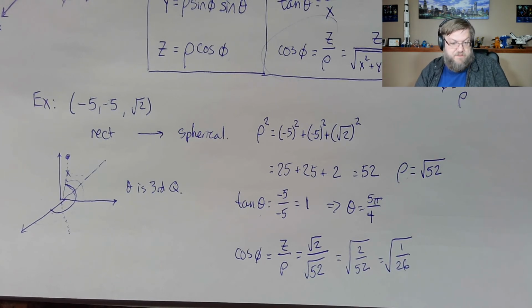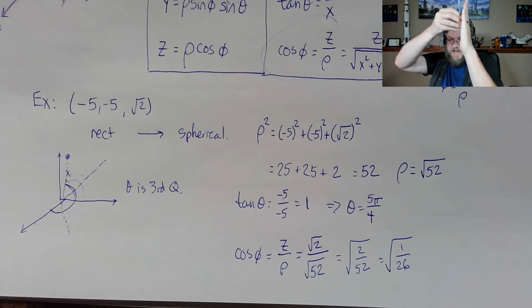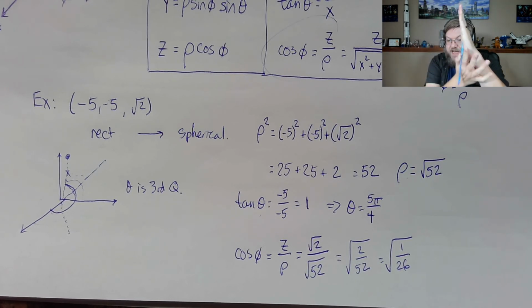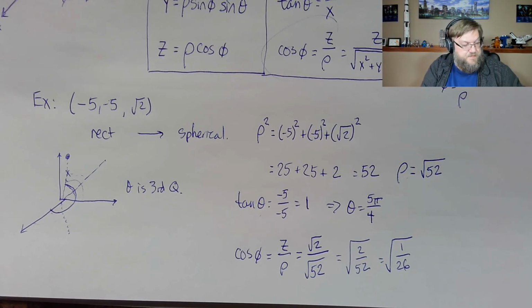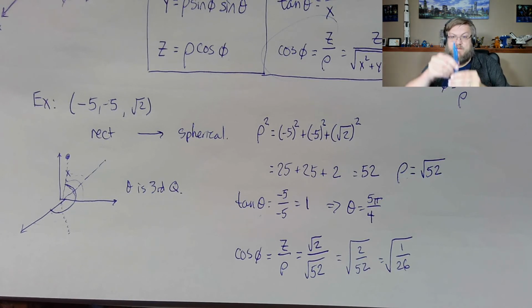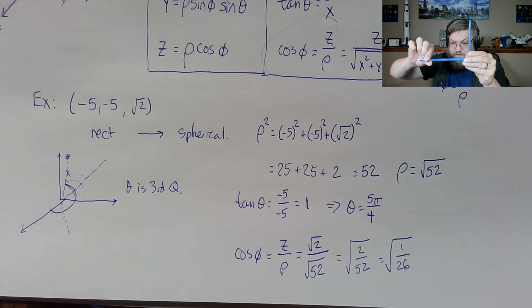What's beautiful about phi is that, if you notice, phi looking straight up is 0 radians, and I can only rotate 180 degrees. Because if I rotate this down like this, there's 90 degrees for phi.